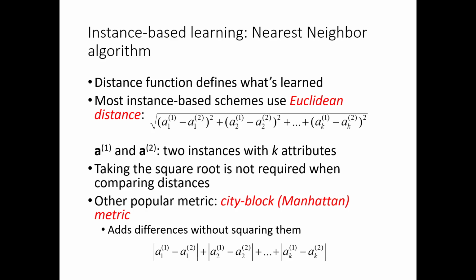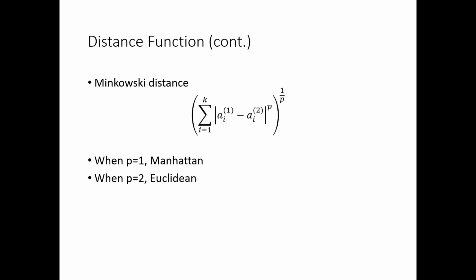Okay. So now let's look at the distance in general. The generalized distance can be represented mathematically like this. Given two attributes, A_i1 and A_i2, you take the differences to the power of P, and then take the 1 over P power, which is what we call the generalized distance, the Minkowski distance.